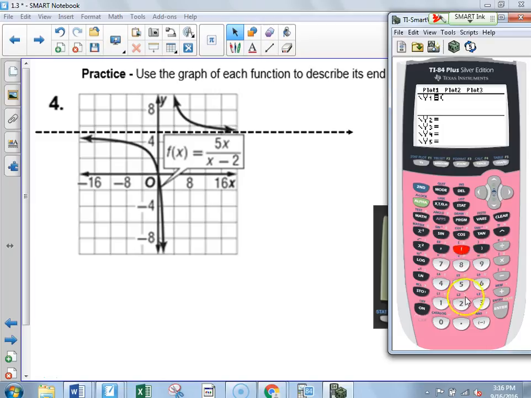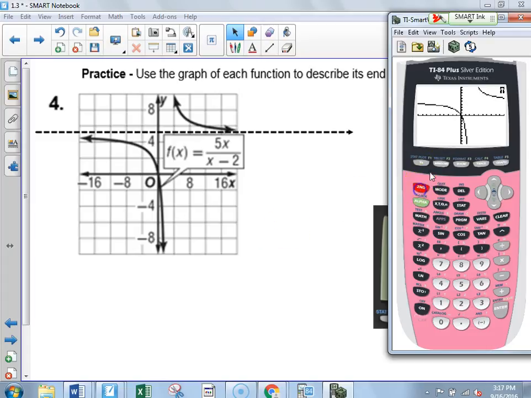I would put them top and bottom. If there is any addition or subtraction going on top and bottom, then you need them both. So I'm just going to practice putting them both. Okay? Then I'm just going to do a zoom standard to start with, zoom 6. That's kind of what they did. Theirs is a little bit wider across, but it doesn't really matter. Okay, there's the picture. I can't tell what it's hitting on the left and the right or what it's approaching.